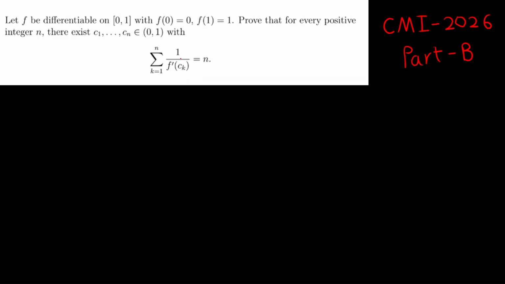Before I write the proper answer, I'll just explain the idea of what I'm going to use. Since f of 0 is 0 and f of 1 is 1, from intermediate value theorem, I can say that there exists a1 belonging to 0, 1 such that f of a1 is equal to 1 by n.